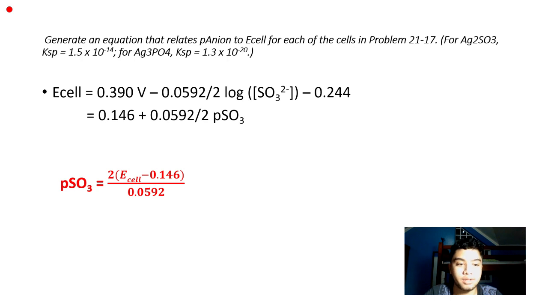Once again, after simplifying and using algebraic methods, we get the equation pSO3 equals 2 open parenthesis E cell minus 0.146 close parenthesis all over 0.0592.